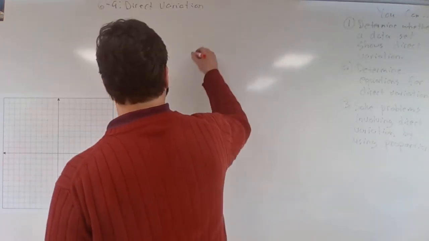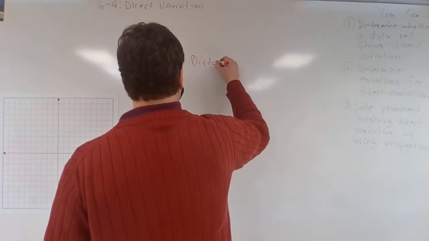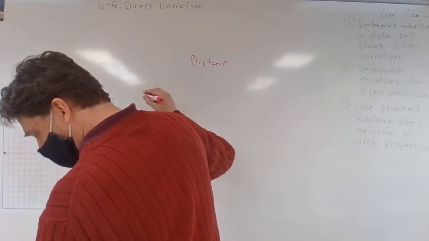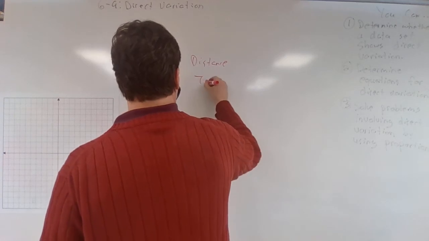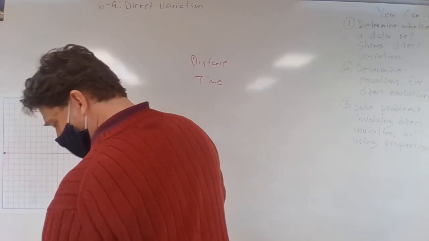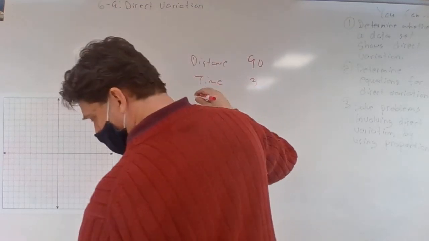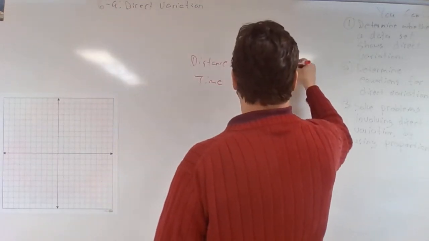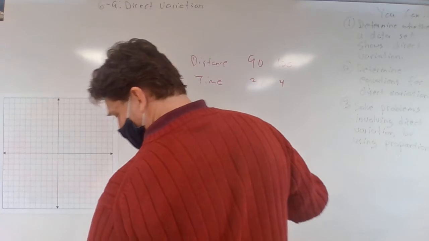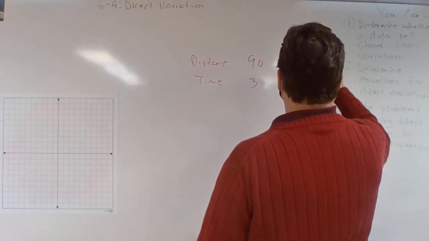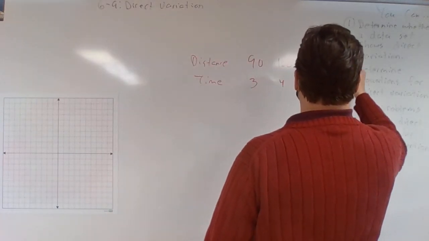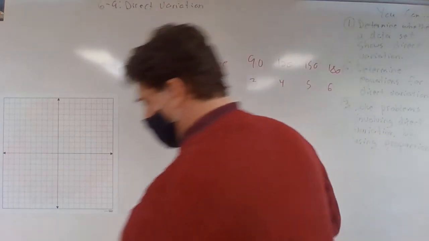So distance over time. Distance, 90 miles, 3 hours. 120 miles in 4 hours. 150 miles, 5 hours. 180 miles, 6 hours.